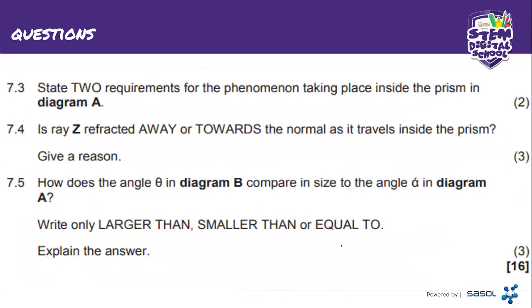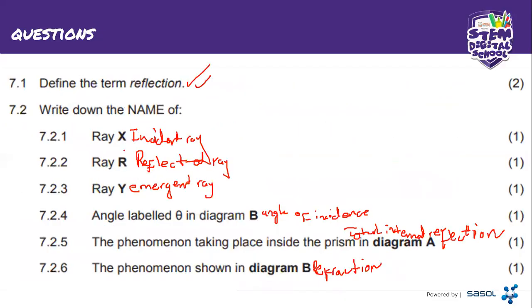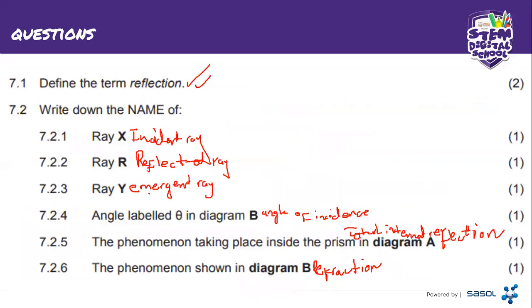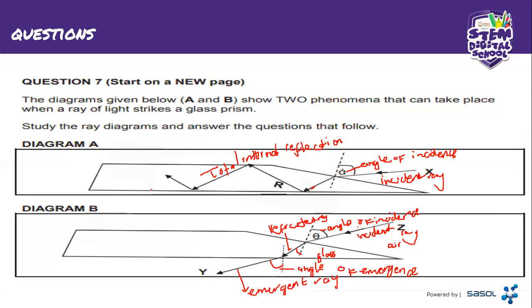Then we continue. 7.3, state two requirements for the phenomenon taking place inside the prism in diagram A. So we want to know what the requirements are for total internal reflection, because that is the phenomenon in diagram A. We know this, my dear learners, right?